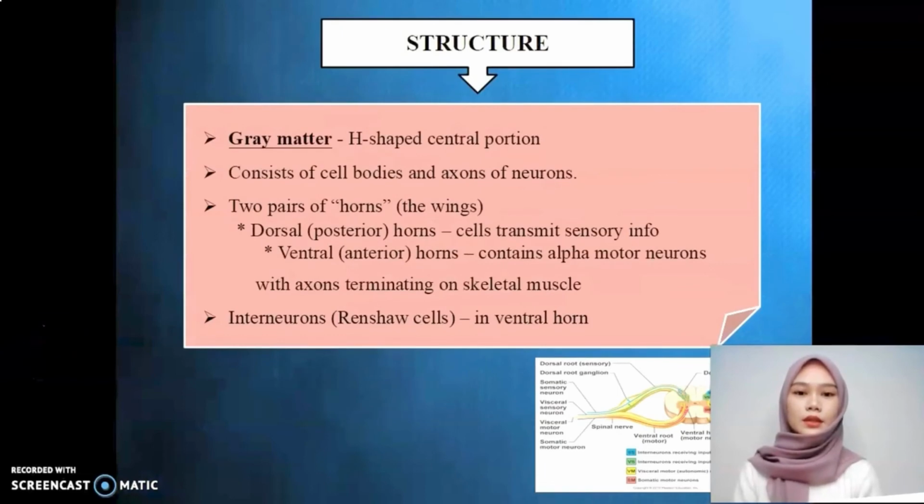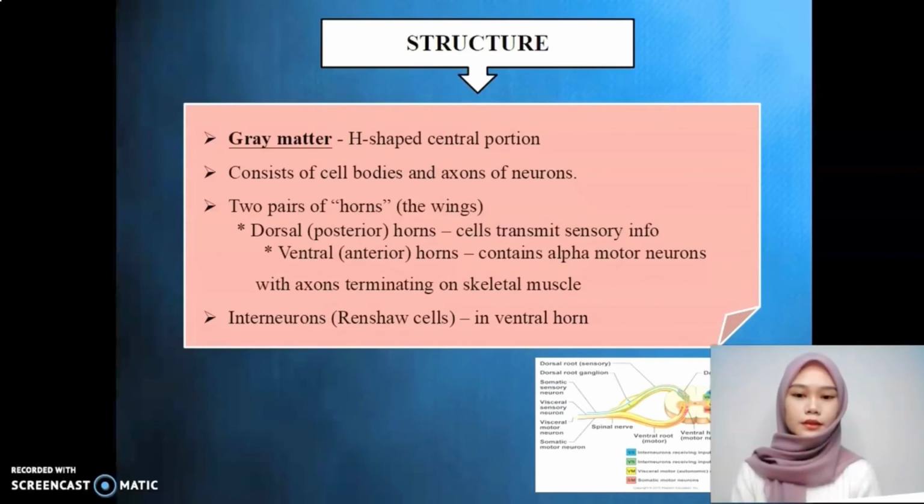Next is the structure of the spinal cord. The gray matter in the center of the cord contains interneurons and the cell bodies of motor neurons, axons and dendrites. Projections of the gray matter, or the wings, are called horns. Together, the gray horns and the gray commissure form the H-shaped gray matter.